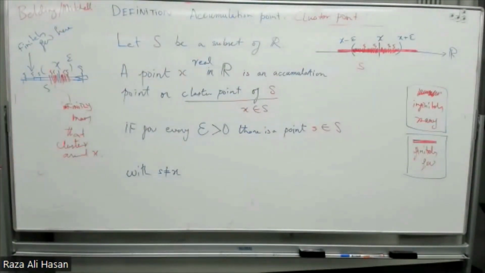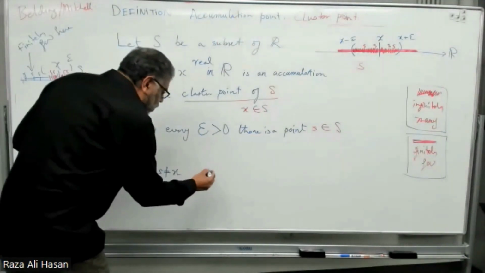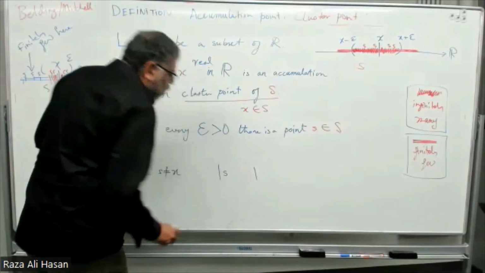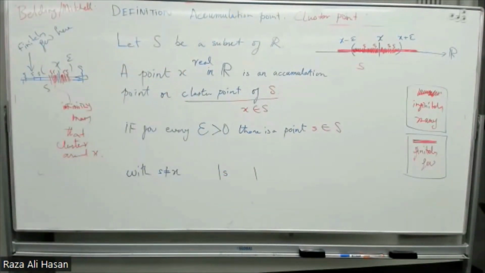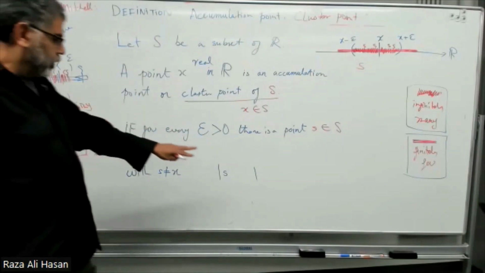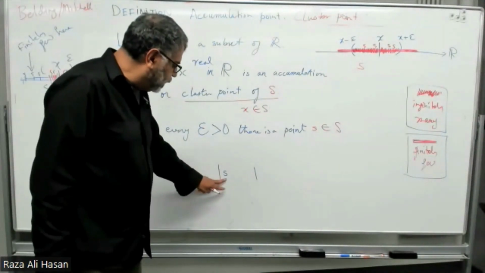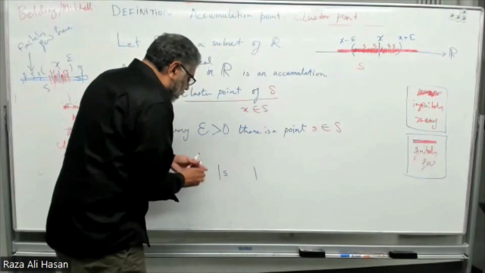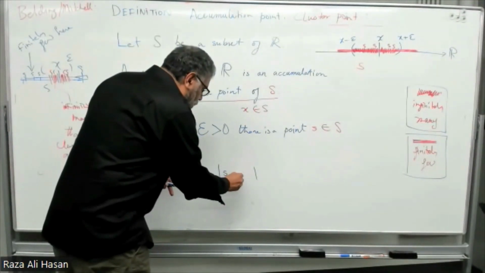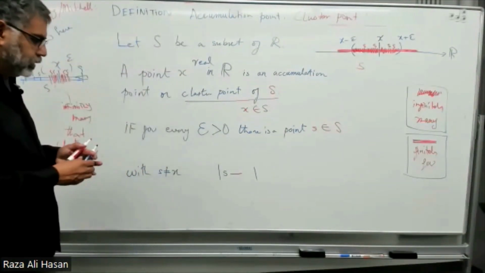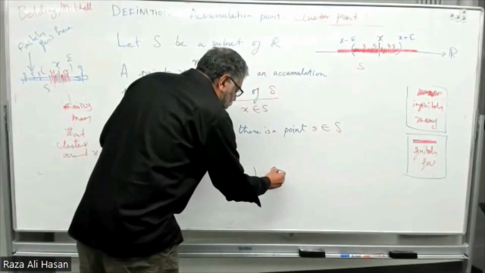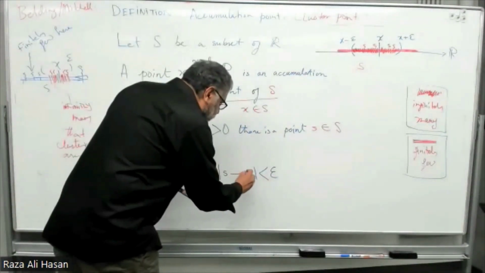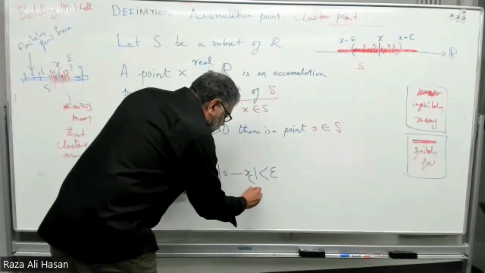And the formalization is this. We have all the elements of set S, infinitely many elements of set S, and this is lowercase s, are all within the distance of epsilon from X. This is our cluster point.